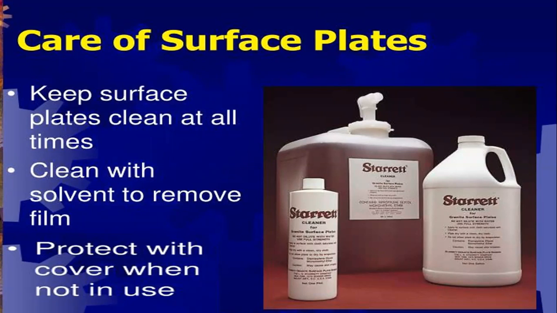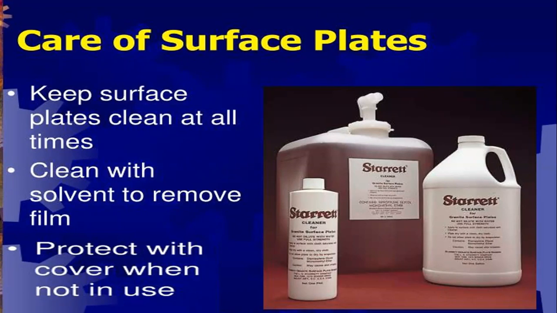Next one, clean with solvent to remove the film. So whenever any film or any lubrication is used upon the surface plate, it is cleaned with some solvent. You can see it in the picture also.